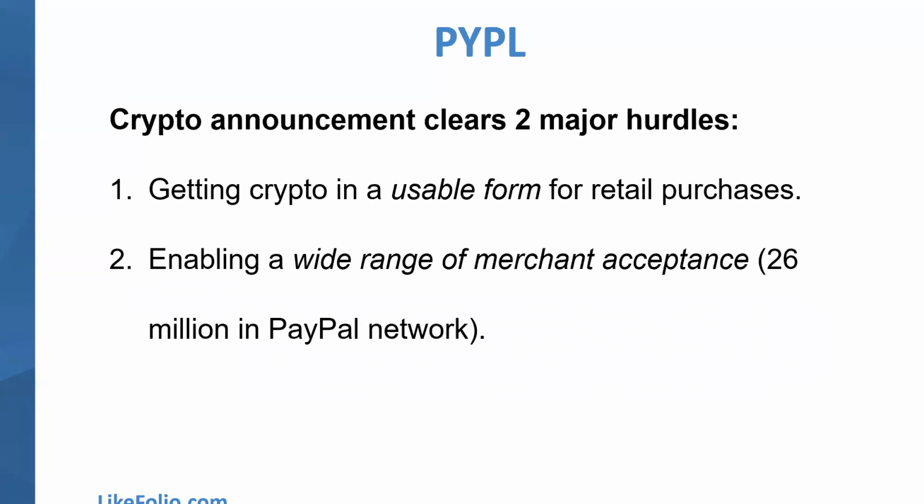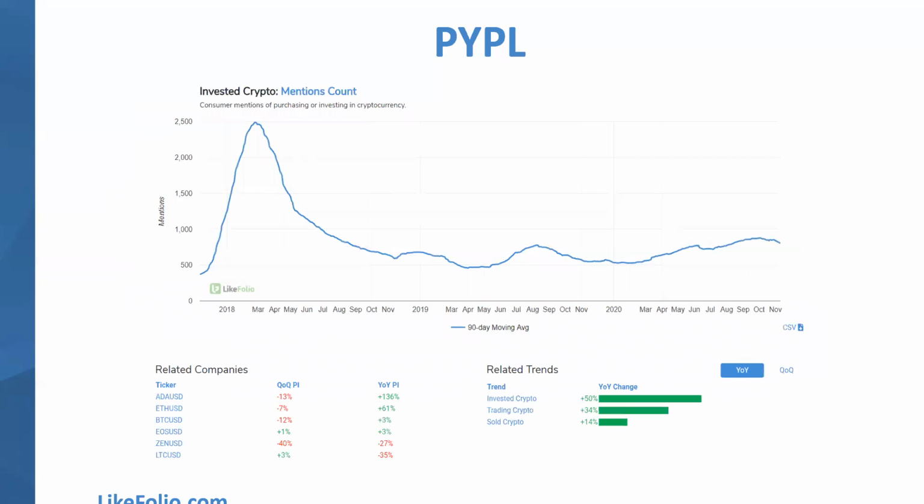I think this cleared some major hurdles for a lot of people, because it makes cryptocurrency tangible for usual retail purchases. They have a network of 26 million vendors, so I think that's a huge potential opportunity. And also, interest in cryptocurrency in general is building tremendously. These are mentions of people who are talking about investing in a cryptocurrency.